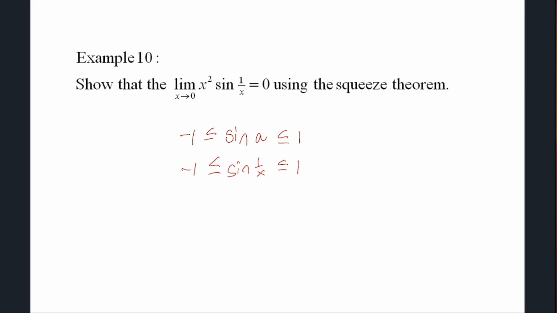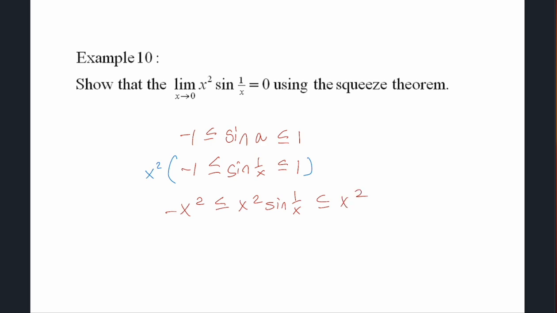Now, one of the things you learned about inequalities is if you multiply by a positive, it doesn't change the symbols, right? If you multiply by a negative, it'll change the symbols. But let's multiply this entire thing through by something we always know is positive. Let's multiply it through by x squared. When we do that, we get negative x squared is less than or equal to x squared sine of 1 over x, which is less than or equal to positive x squared.